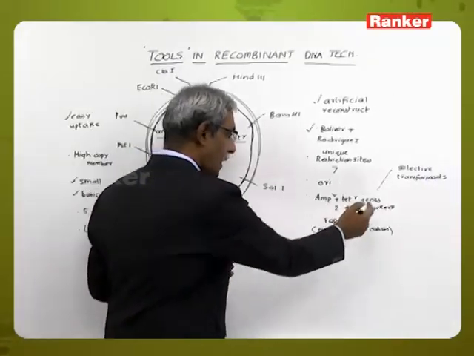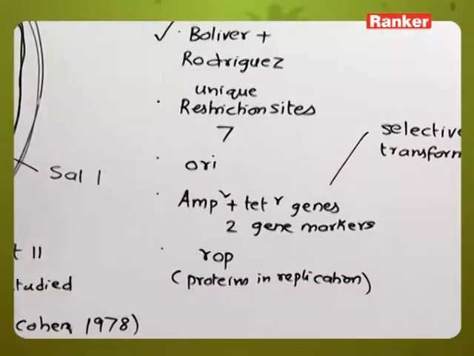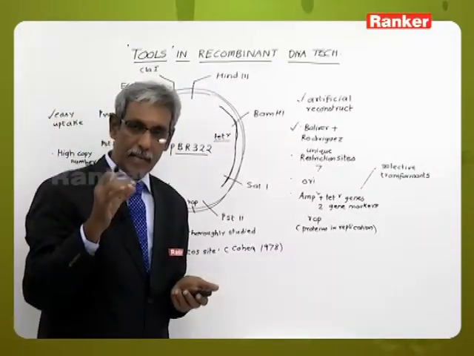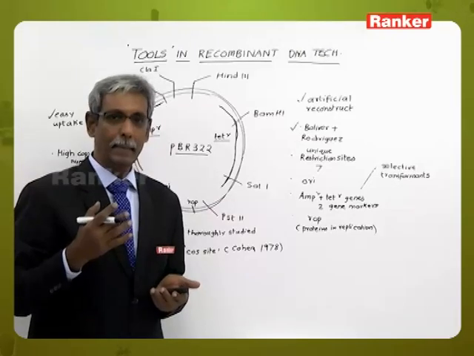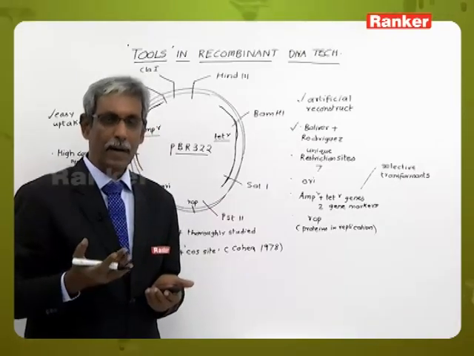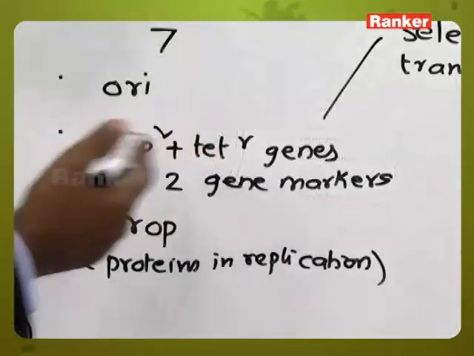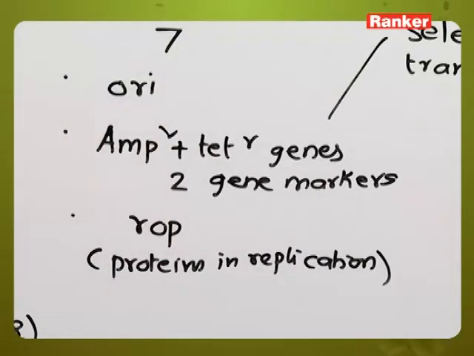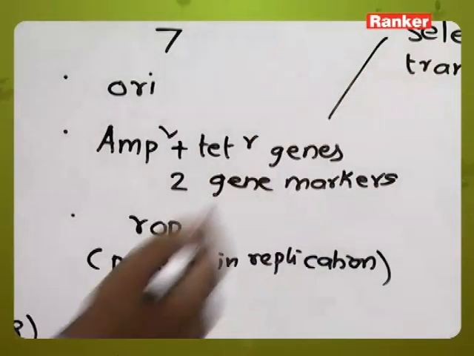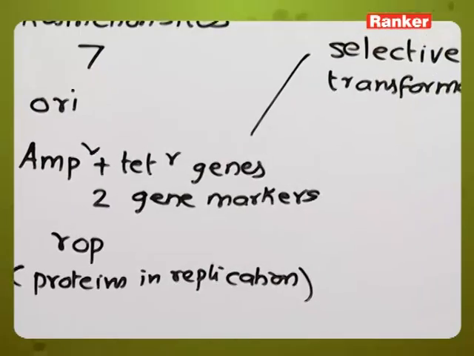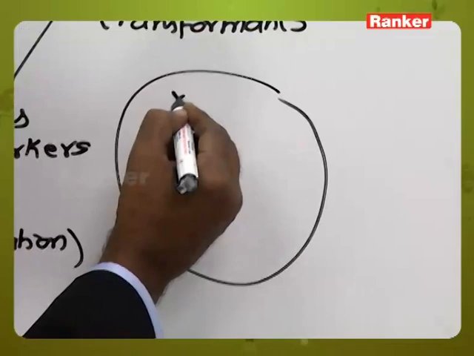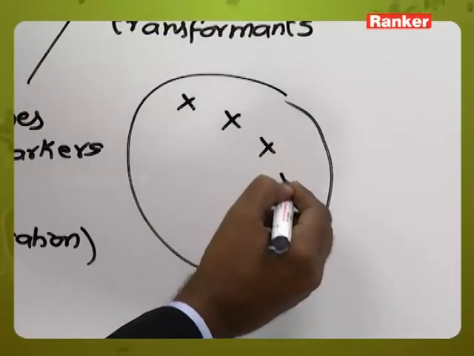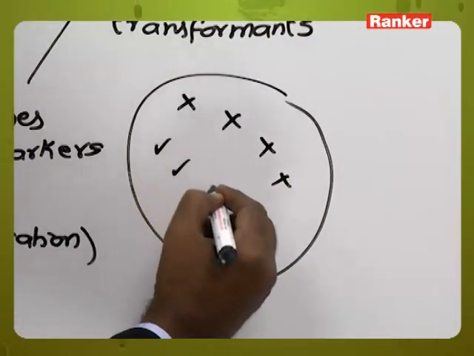These are important gene markers because if a foreign gene is taken by the plasmid and the plasmid gets into a bacteria and the bacterial cell gets transformed, then from these ampicillin and tetracycline gene markers we can exactly know how to select out cells. In a petri dish, when you have a medium, there will be non-transformed cells as well as transformed cells.